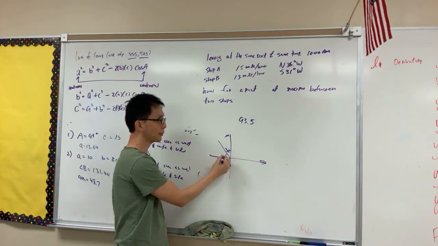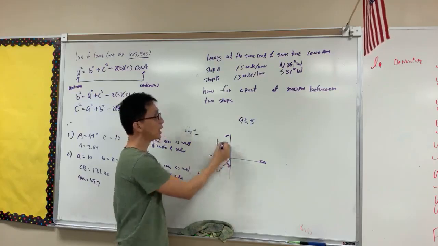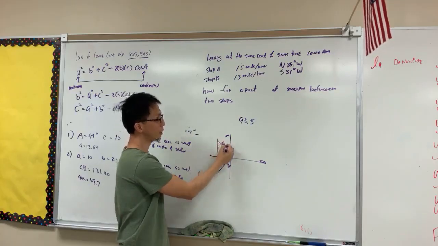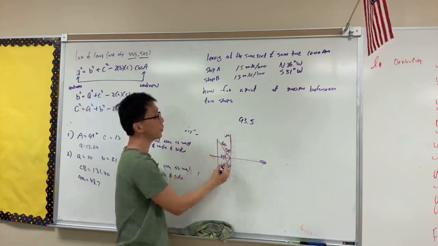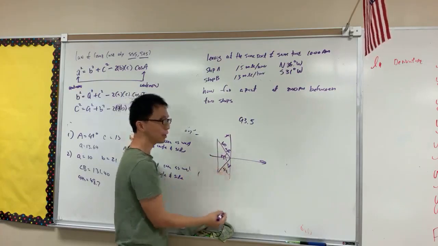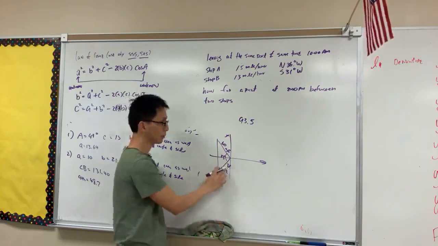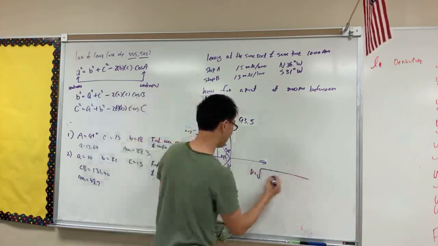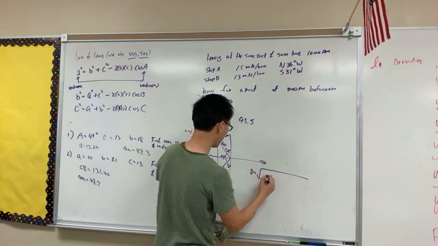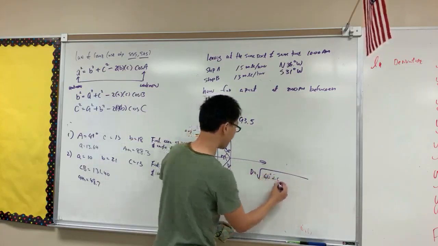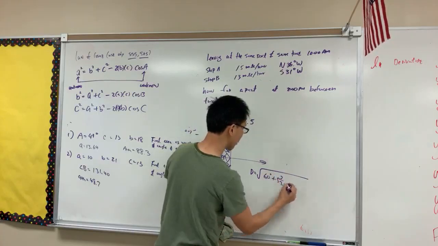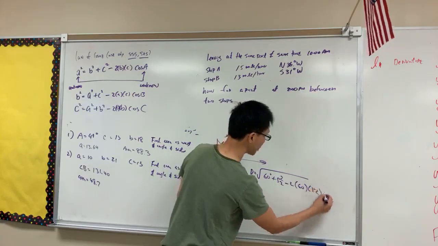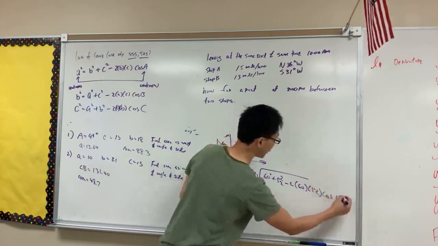Okay, so here is gonna be 15 times 4, so it's 60. And here is 13 times 4, which is 52. Okay, so the distance is equal to 60 squared plus 52 squared minus 2 times 60 times 52 times cosine of 113.